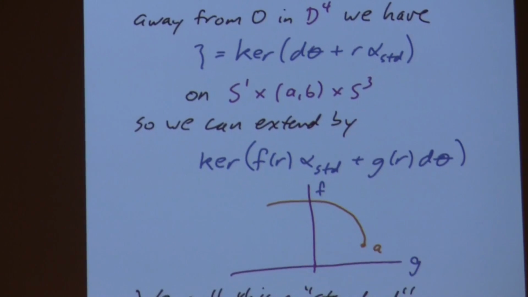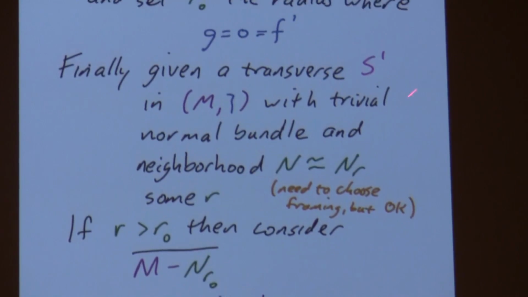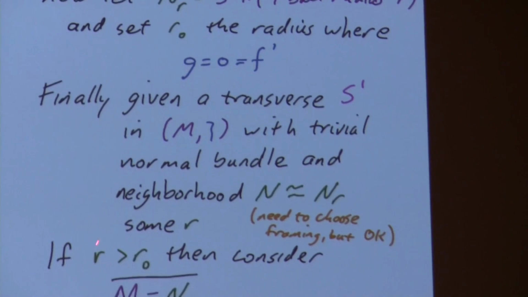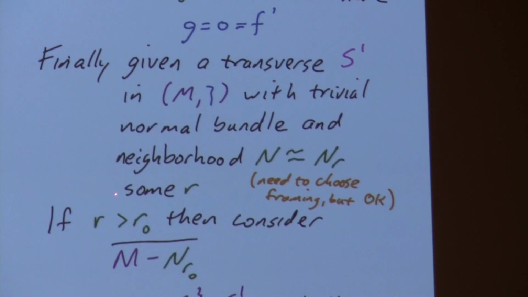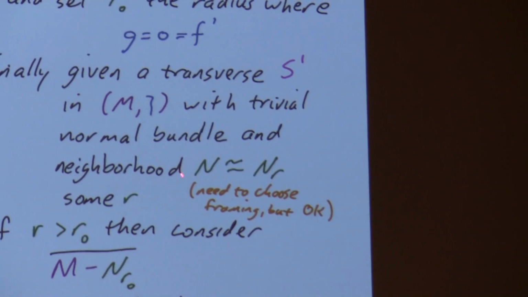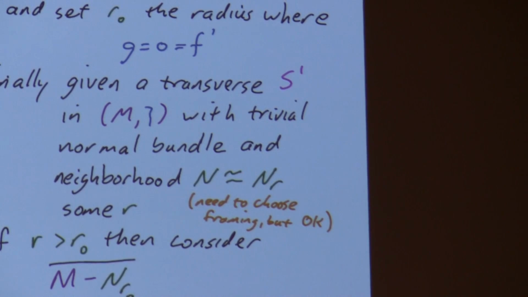That's r naught right there. OK, good. So now, if you're given any S1 in some contact 5-manifold with trivial normal bundle, I guess if it's oriented, they are trivial, but anyway, it's going to have some neighborhood contactomorphic to this N sub r for some r.